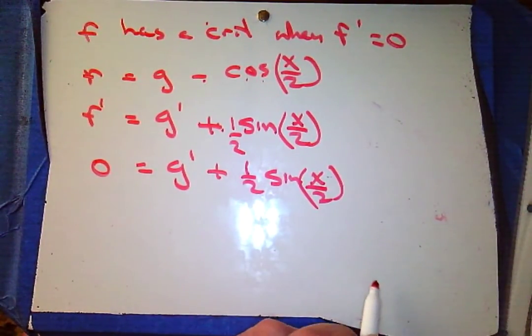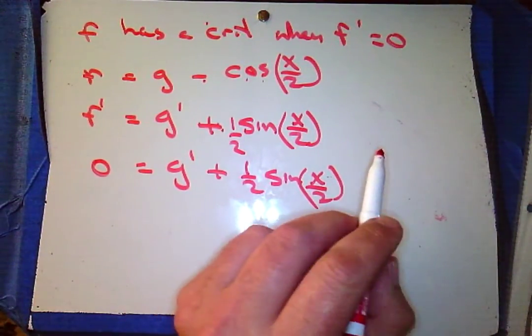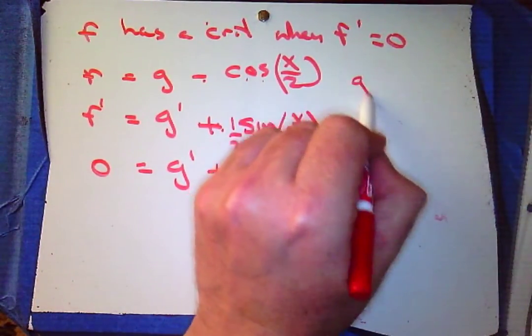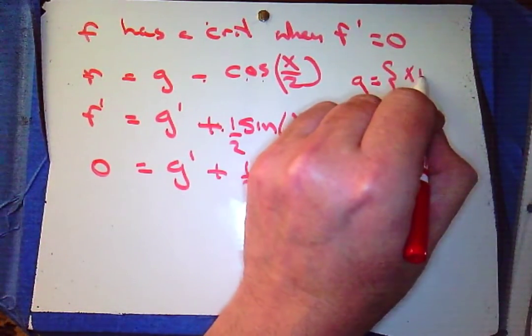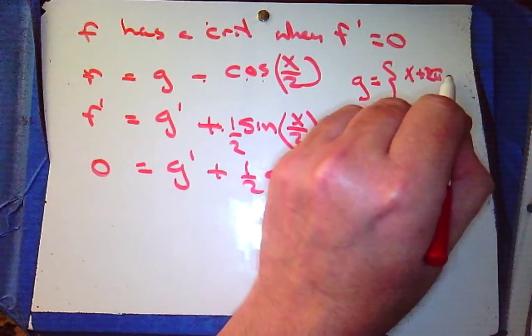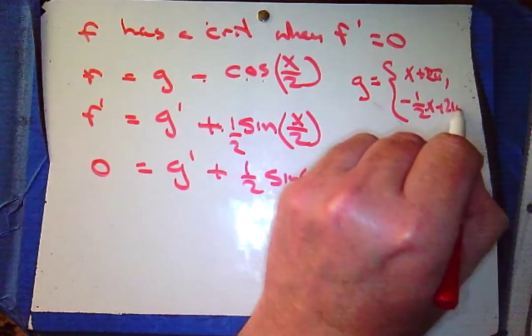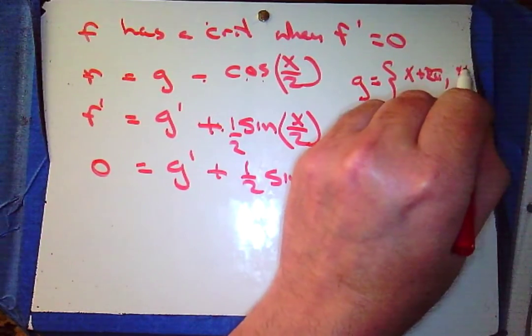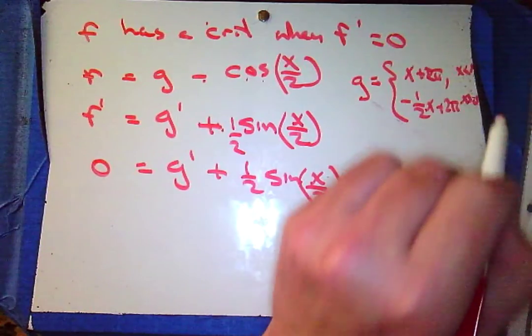Now, you may recall that I wrote the equations of the piecewise g of x, and I said that g would be x plus 2 pi for x less than 0, and negative 1 half x plus 2 pi for x greater than 0.